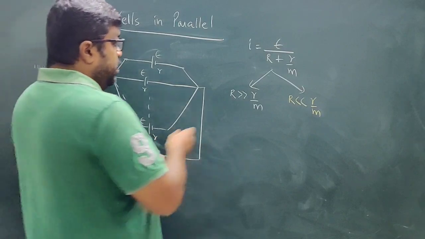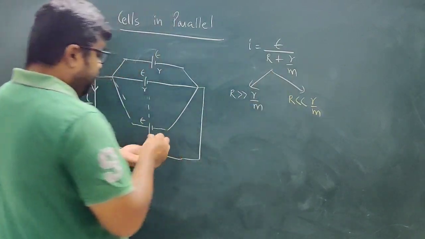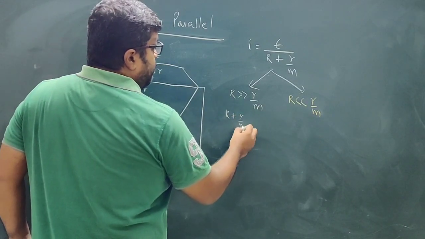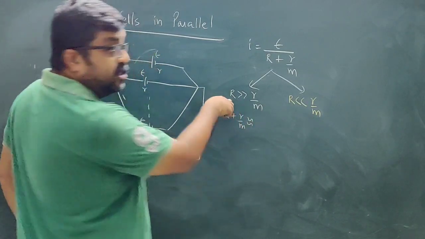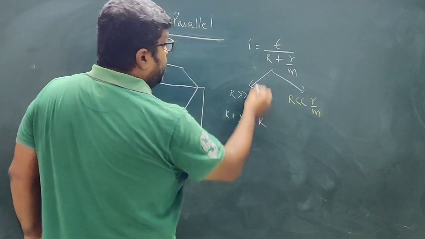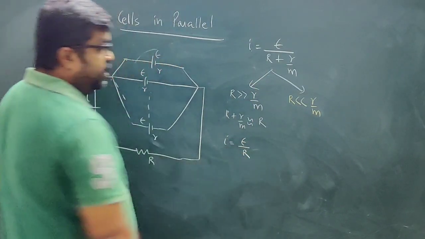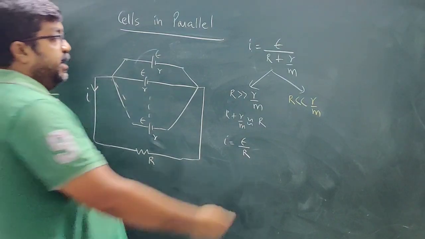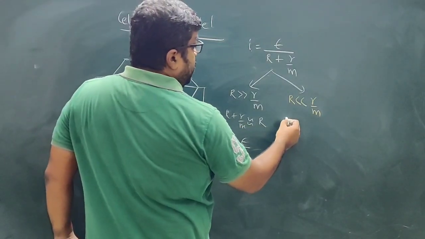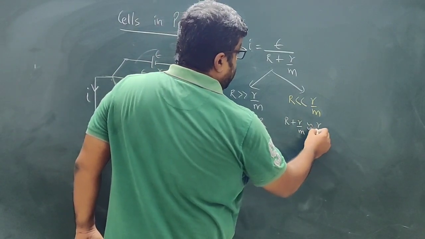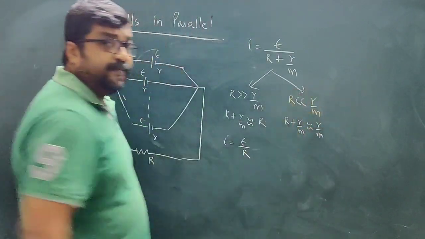If we use the first condition, R plus R by M will be approximately equal to R, since R is much greater. So the current will be E by R. And for the other condition, R plus R by M becomes approximately equal to R by M, because now R by M is greater.